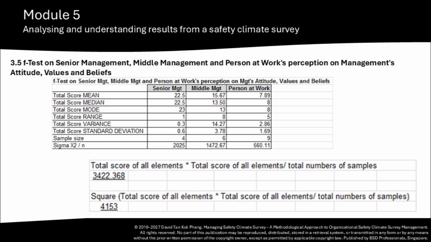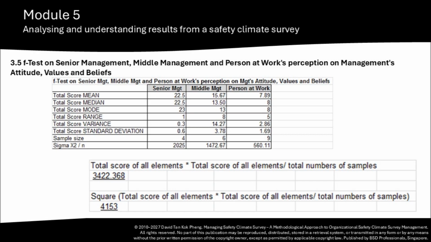Therefore, further analysis using t-tests is required to conduct pairwise comparisons between senior management and middle management, senior management and persons at work, and middle management and persons at work. The results of the t-tests will provide further insight into the specific group differences and are presented and discussed in the following section.